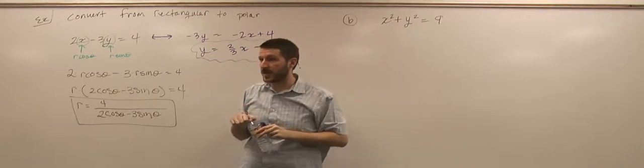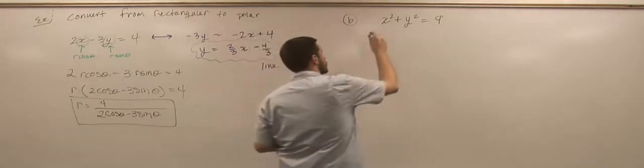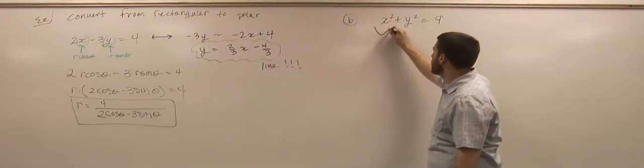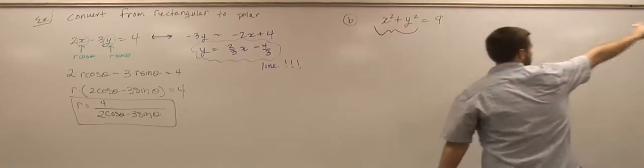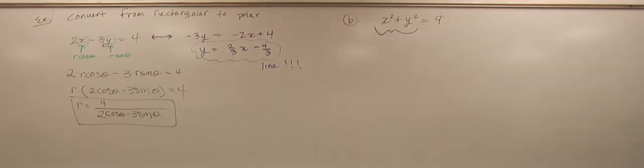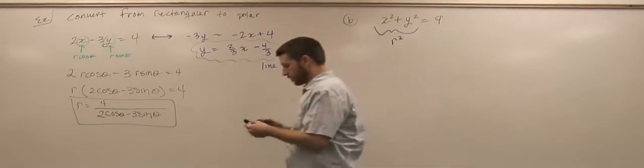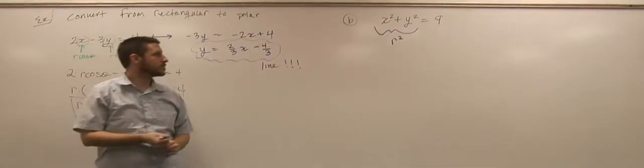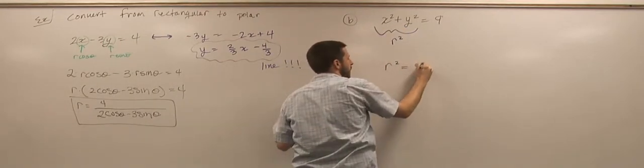R squared is equal to x squared plus y squared. So instead of doing r cos theta and r sine theta, we can skip a step, or 2 or 3, and replace x squared plus y squared with r squared. So this equation here is just r squared equals 9.